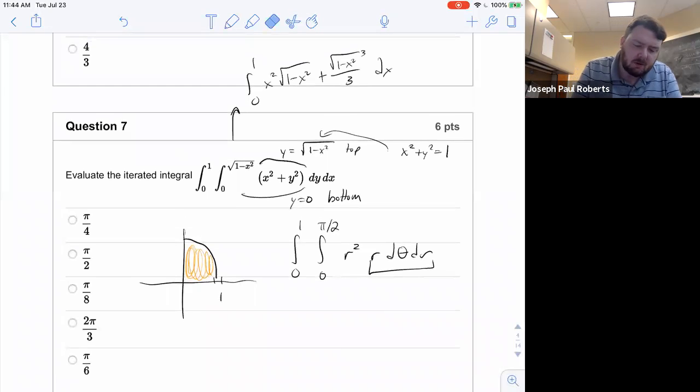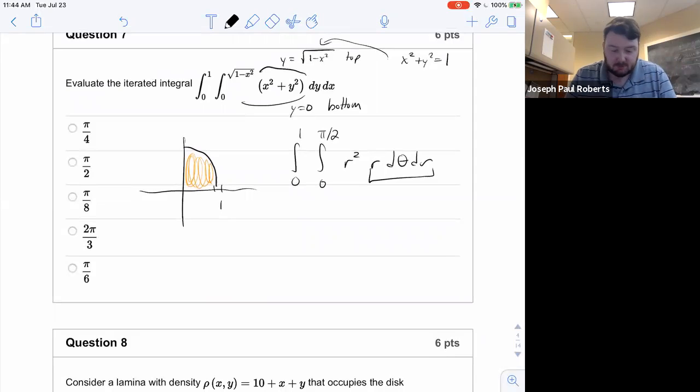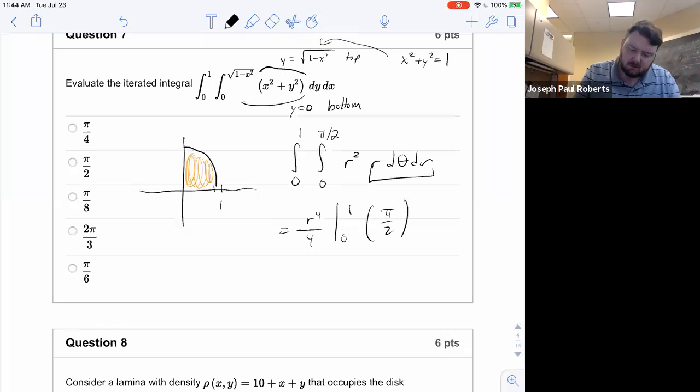So yeah, if you remember how to do that, that's fine. But the benefit of polar is that it allows you to not have to do that trigonometric substitution. And so anyway, it looks like we get r to the 4th over 4 between 0 and 1 times pi over 2 when you do the theta integration. So what is this? Pi over 8, I guess, is the right answer. Not so bad. So I did that pretty fast, but that should be a very quick integration.